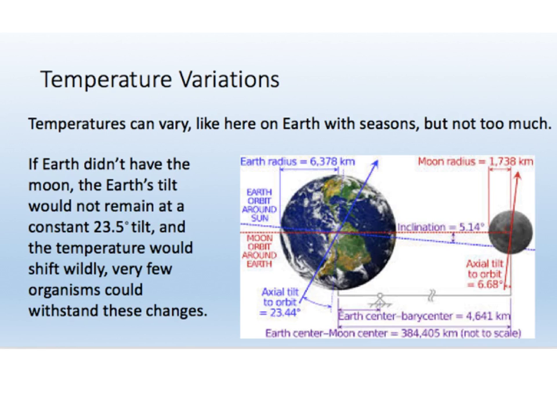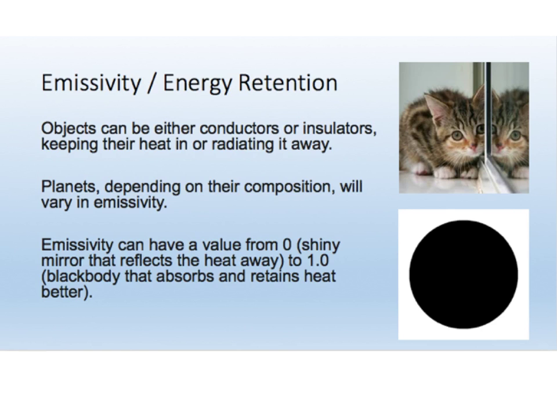It's good that Earth has such a large moon as a percent of the mass of the system because it stabilizes Earth's tilt. If Earth tilted wildly from one extreme to another, these amazing differences in temperature would create a situation where very few organisms would be able to withstand the seasonal changes.